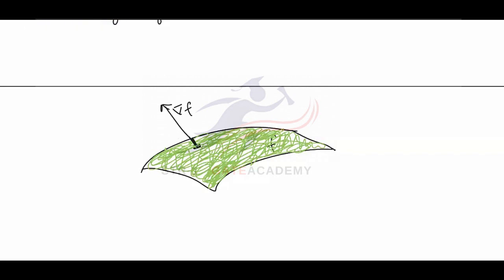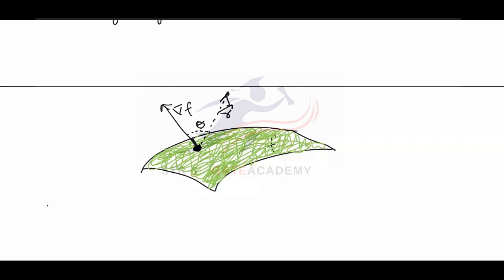I said this is a point where you want the effect in the normal direction, so you will find grad of f. But it is not necessary that you will only find the effect in the normal direction. You may say, sir, I want the effect of this point of the source in some other direction. How will you find this? This is nothing but the directional derivative. Let's say this is a vector, maybe an r vector, and the angle it makes with the normal is theta.